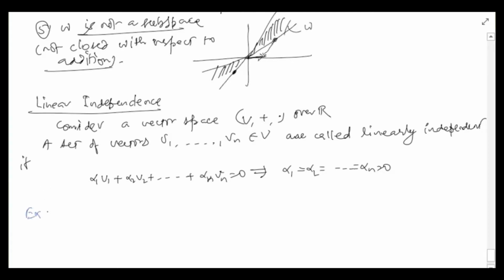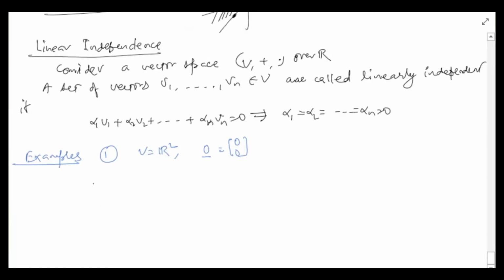Let us see a few examples. Consider V to be R2. In this space, the additive identity is the 0, 0 vector. Now consider two vectors, v1 to be 1, 0 and v2 to be 0, 1.